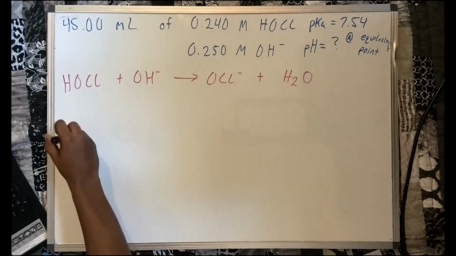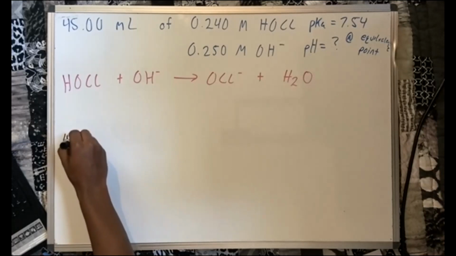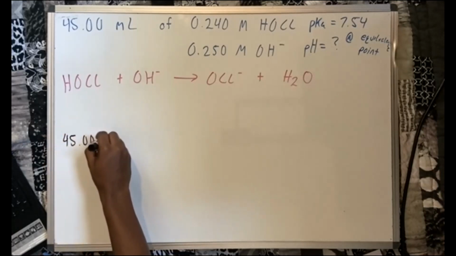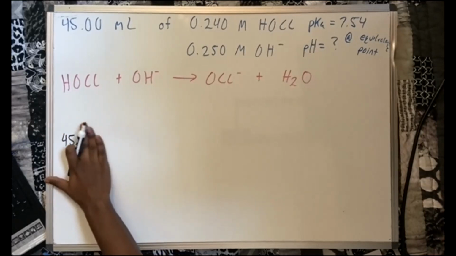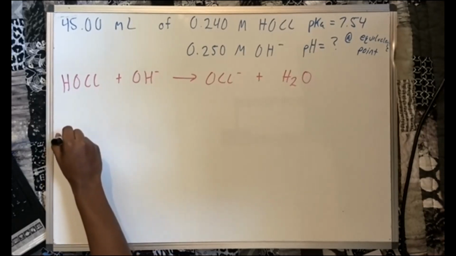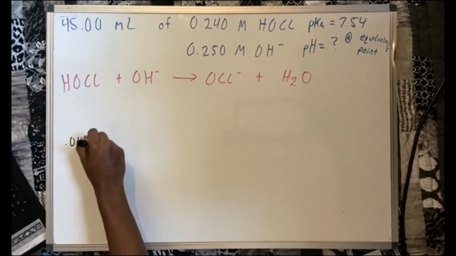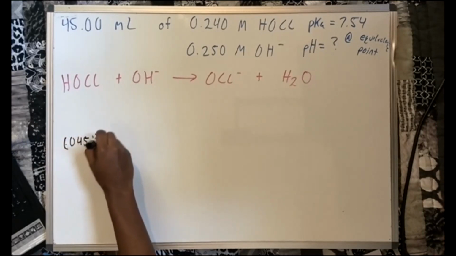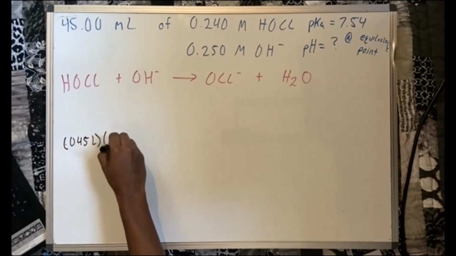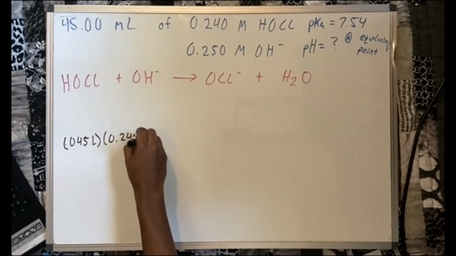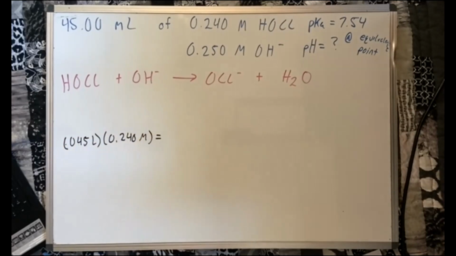We have 45.00 milliliters, so I have 0.045 liters. That times my 0.240 molarity will be moles.